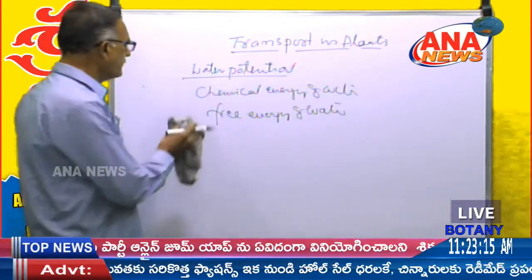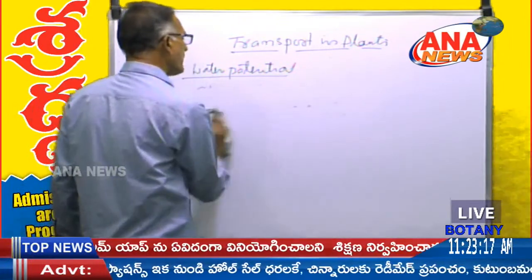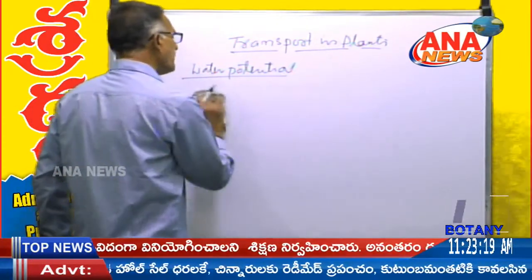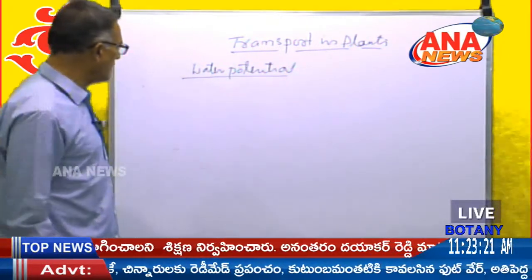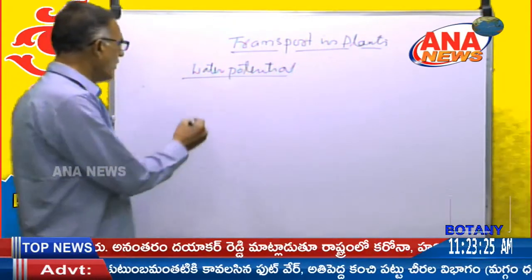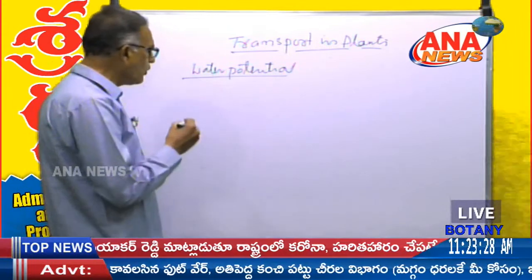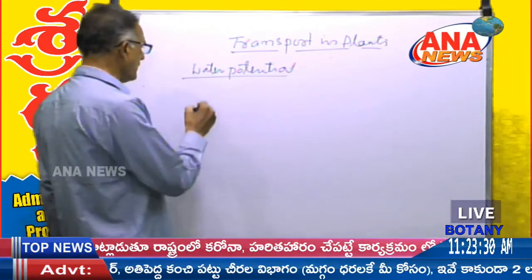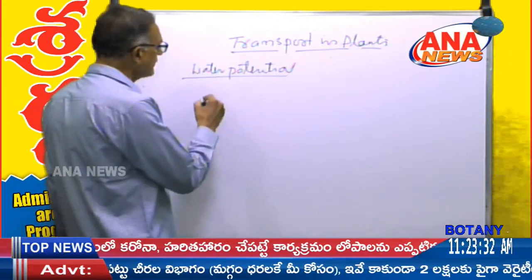Two other terms are solute potential and pressure potential. Both solute potential and pressure potential determine the water potential. According to the definition, pure water always has high water potential.